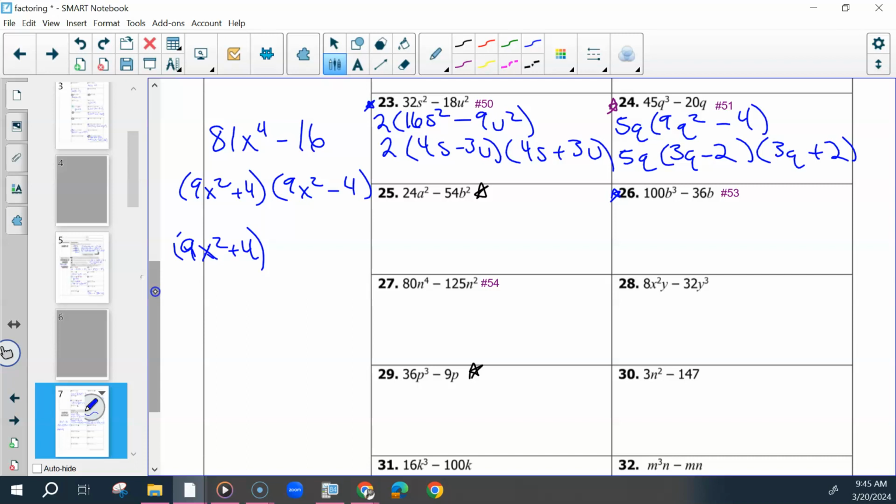And then this one would have two other factors. What would those two factors be? 3x plus 2, 3x minus 2. So you have to break it down as far as possible, and once you can't do anything else, then everything is prime. That would be your final answer. Questions on that?